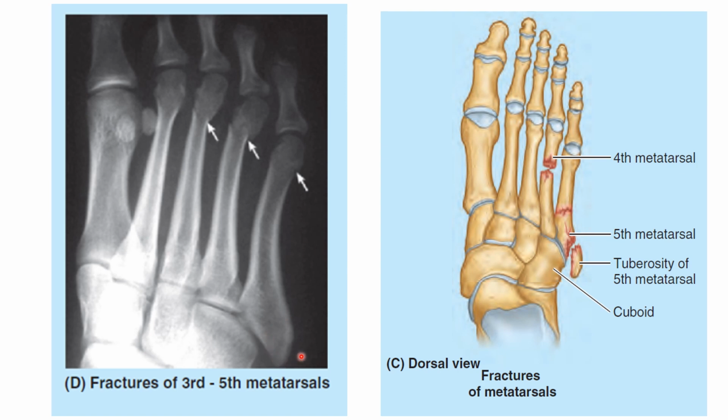This is the tuberosity of the fifth metatarsal bone. This is the cuboid bone here. Those joints here are the tarsometatarsal joints, and distally here, those are metatarsophalangeal joints.